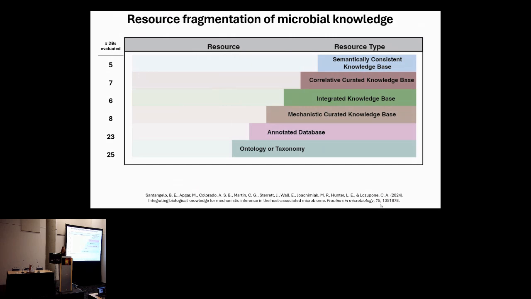Then we can incorporate annotated databases, which store experimentally derived content. It's also important to incorporate correlative curated databases, which provide assertions of associations, for example, between microbes and disease. What's really important for getting at the mechanistic inference question is these semantically consistent knowledge bases, as we've named them, or knowledge graphs as we all know them.